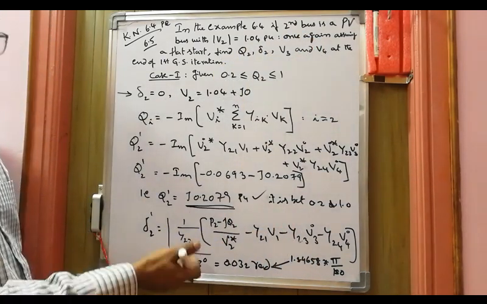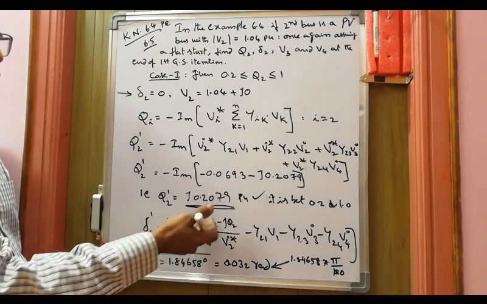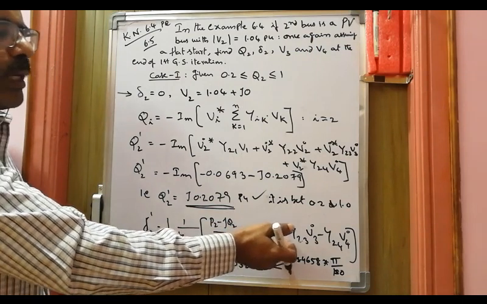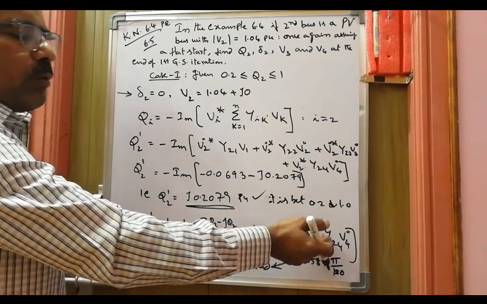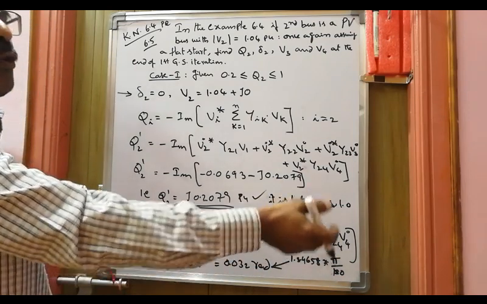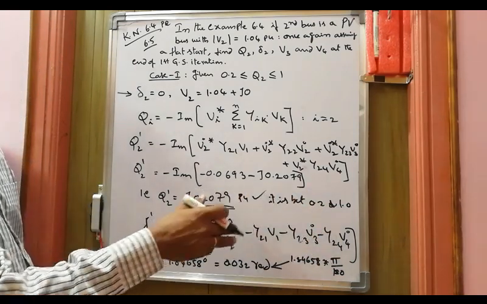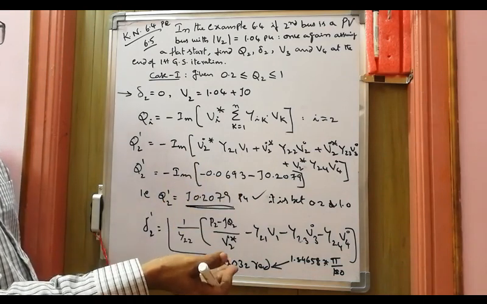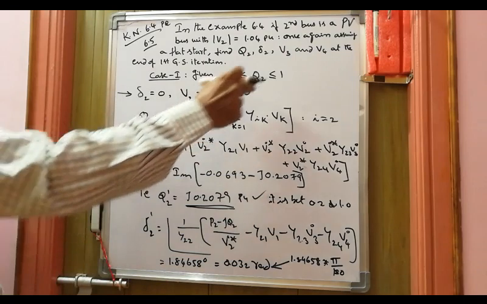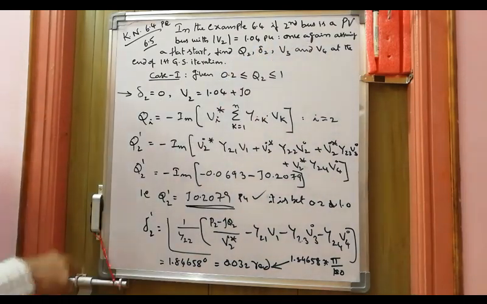What is V4? 1 by Y44, (P4 minus jQ4) by V4 conjugate, minus Y41 V1, minus Y42 V2, minus Y43 V3. Y44 V4 you don't get, because k cannot be i. Okay. So next you need to update V3 and V4.